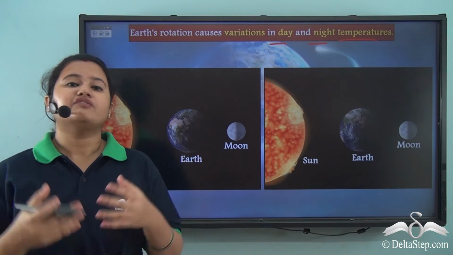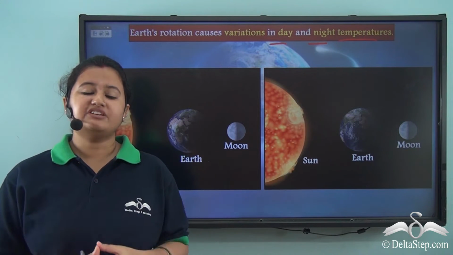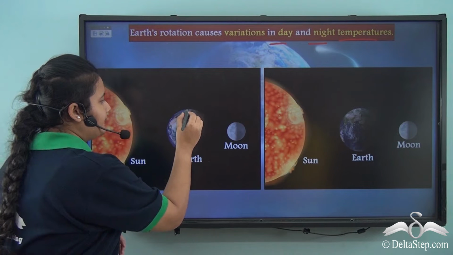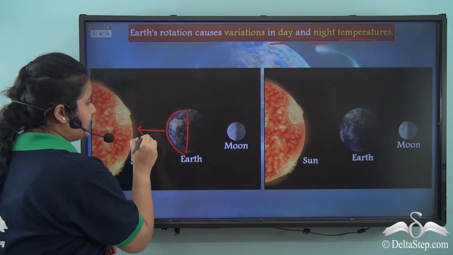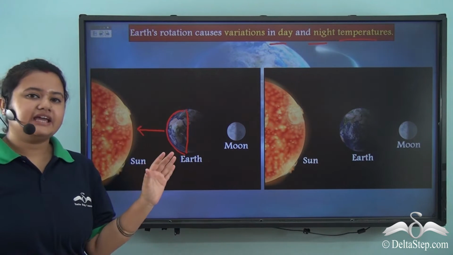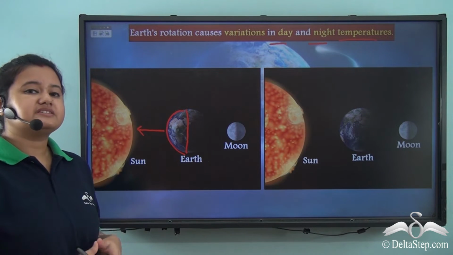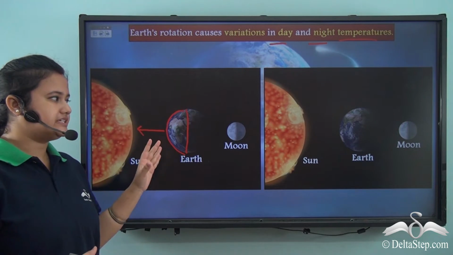This is because we not only receive light from the sun, but we also receive heat energy from the sun. So a part of the earth that faces the sun receives heat and light energy from the sun. So this part experiences day and has high temperature during daytime.